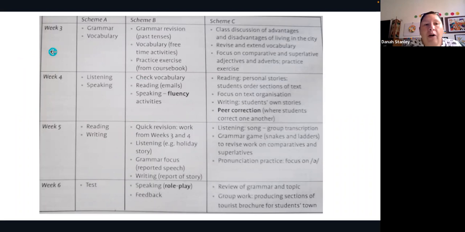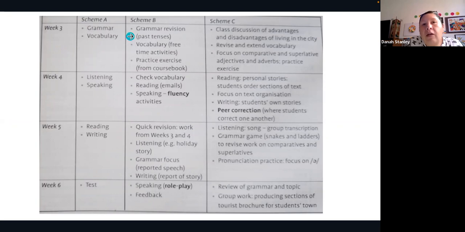And the previous work, they work with grammar, which I think is reported speech. But they started with past tenses. I guess that is reported speech in present and past, I think, because I don't know exactly what tenses they are using for this.